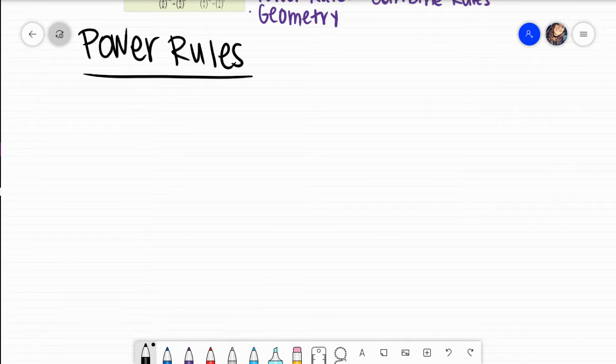Okay, so the power rules, what we have here is, say we have in parentheses something. It could be a variable. It could be the number 5. It's something, right? It's my base. It is something being raised to an exponent. Say we have something being raised to an exponent inside of parentheses, and then on the outside of parentheses, we have another exponent.